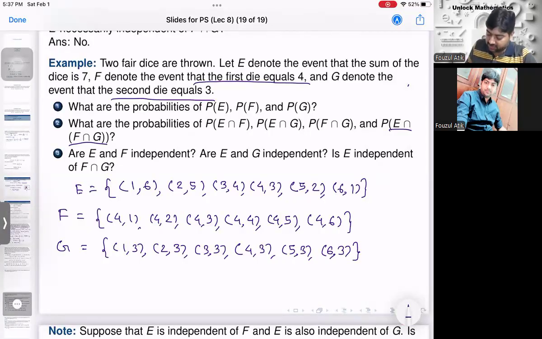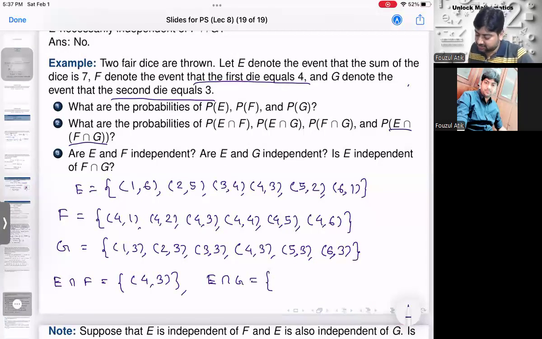Now you also see, what is E intersection F? Is there any common element in them? Yes, it is (4,3), only one. Then E intersection G is what? Is there any common outcome?